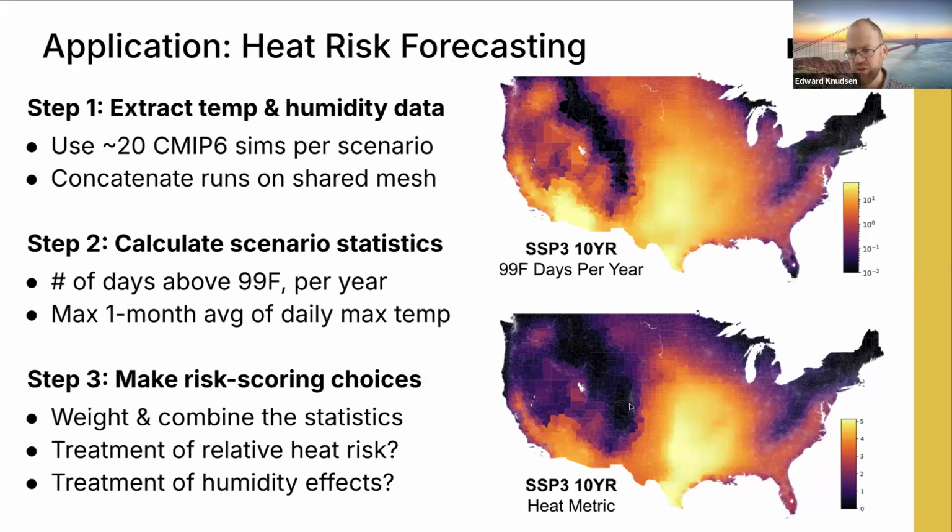So obviously the Rocky Mountains are going to be low heat risk here, but just west of them, the aggregated heat metric is a little bit lower than in this 99-degree metric, and that's largely due to humidity effects. So this is just a drier part of the country, and so humans can sweat a little bit easier there, and heat risk is not quite as bad at a given temperature level.